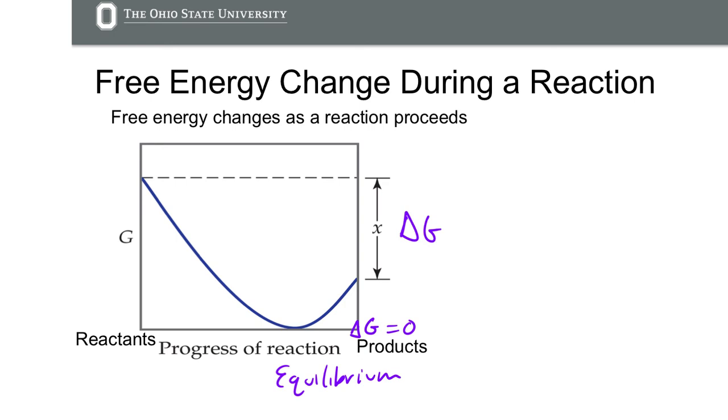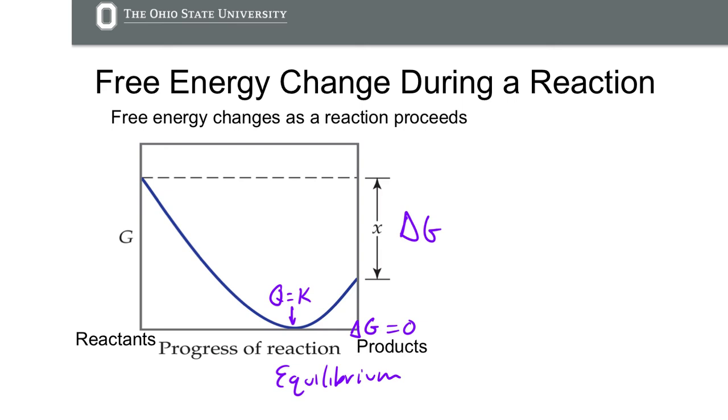The other thing to think about here, remember calculating Q for our equilibrium calculations? When we have equilibrium, our value of Q is equal to K, right? That's how we've defined that. And so that's at the bottom of the well here.